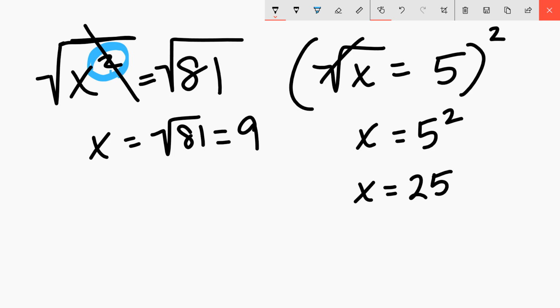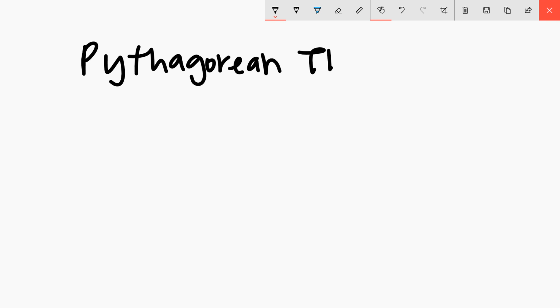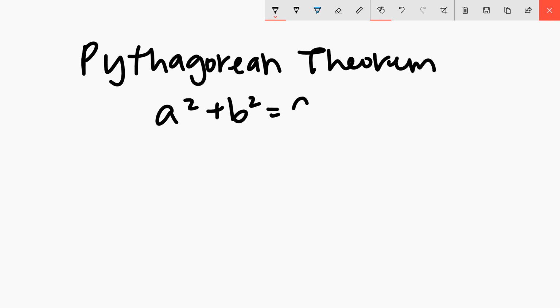All right, moving on to our Pythagorean theorem. That's your a squared plus b squared equals c squared. Remember that this only works for right triangles.